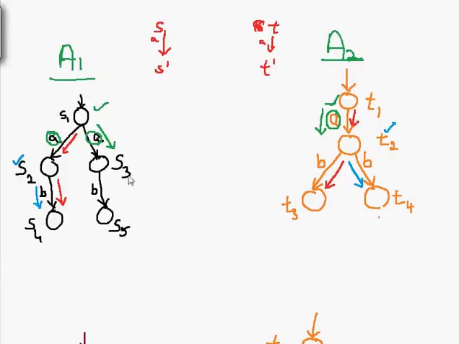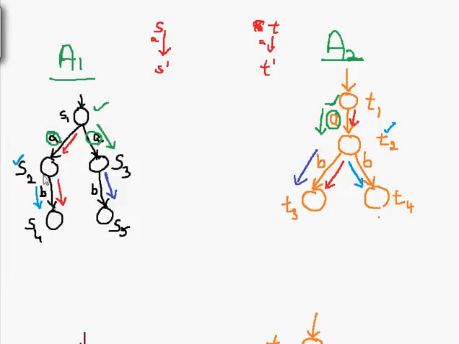For two systems to exhibit the same behavior, all the states should satisfy the bisimulation relation. So I should check the bisimulation relation for S3 also. S3 makes a B transition to S5. T2 makes a B transition to T3.